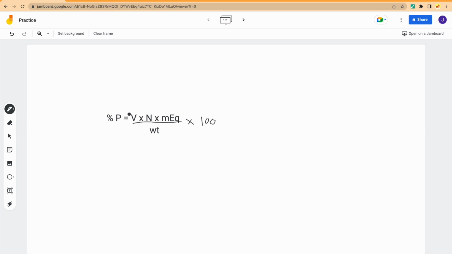So if you want the V, you want to isolate. What if you are looking for the V and you know your P, you know your N, you know your MEQ, and you know your weight? So you should be solving this guy, right? So just remember, you have your crisscross method. So if you want to isolate the V, you have to do the crisscross.